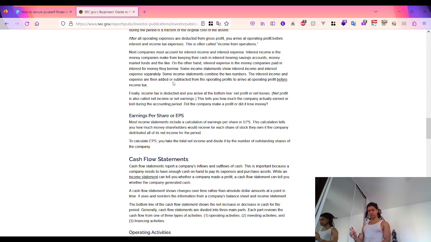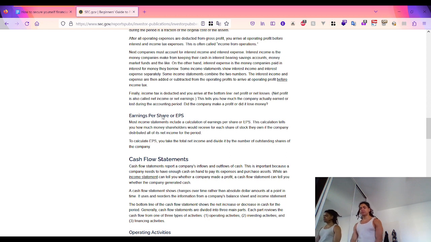This tells you how much the company actually earned or lost during the accounting period. So did the company make a profit or did it lose money?